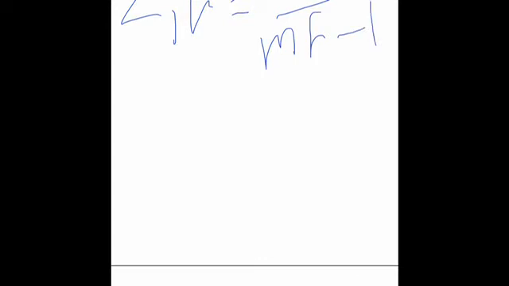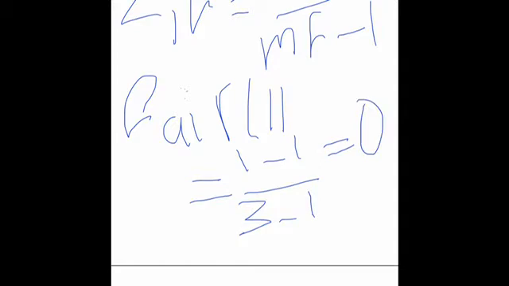Then we will calculate the attribute for fair, that we give it 1, equal 1 minus 1 over 3 minus 1. Then we get 0. Then we will calculate the attribute for good.